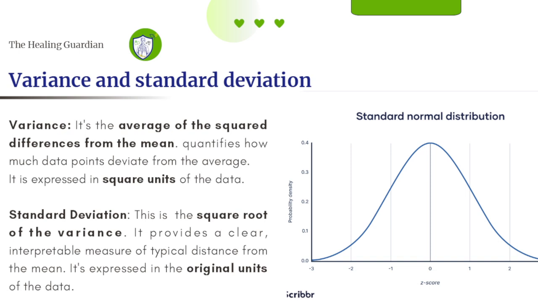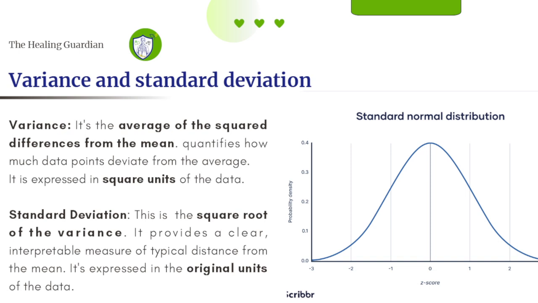We mainly use it in normal distribution. The mean is in the middle of the population, so we use the mean to measure how far other figures are from the mean. You get it? So standard deviation is a measure of the distance of a figure from the average. Variance is called the average of the squared differences from the mean.